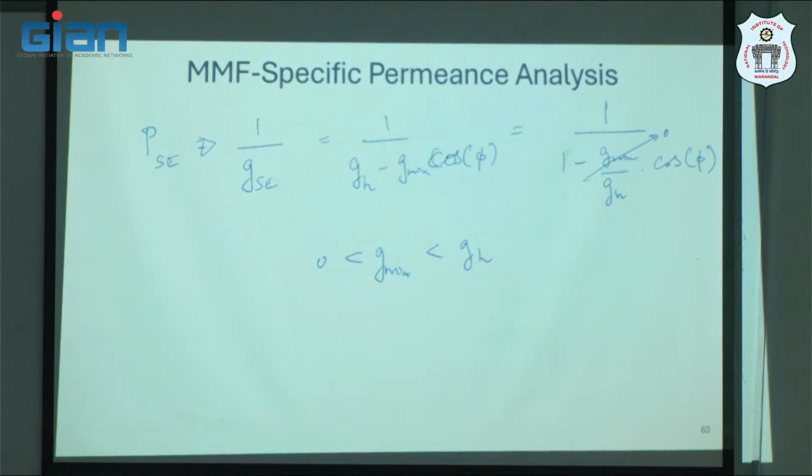What I can conclude is that this ratio G min over GH should lie between 0 and 1. I am going to call this ratio the severity of static eccentricity. You can express it in percentage.